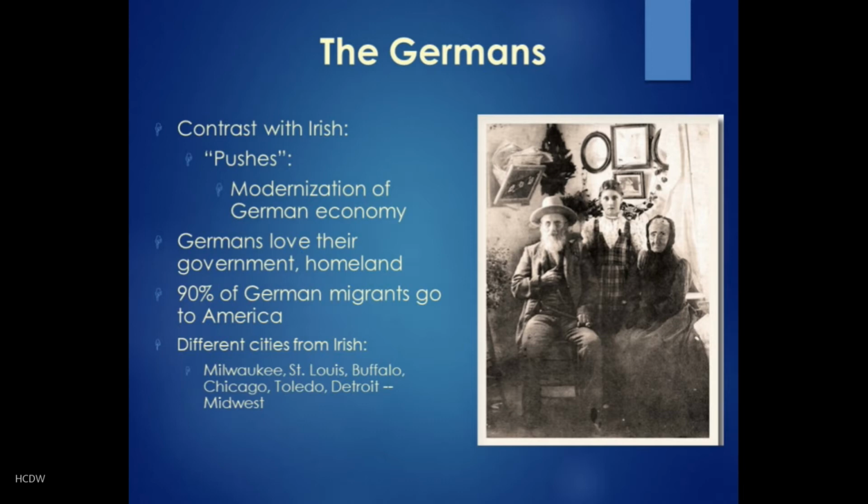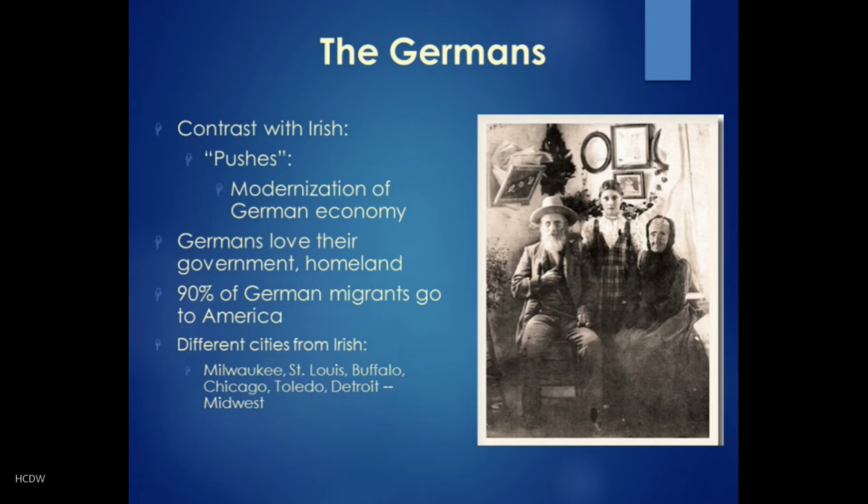While some Germans settled elsewhere, like Argentina or Russia, most Germans, about 90%, migrated to America. And their settlement patterns are in stark contrast to the Irish as well.